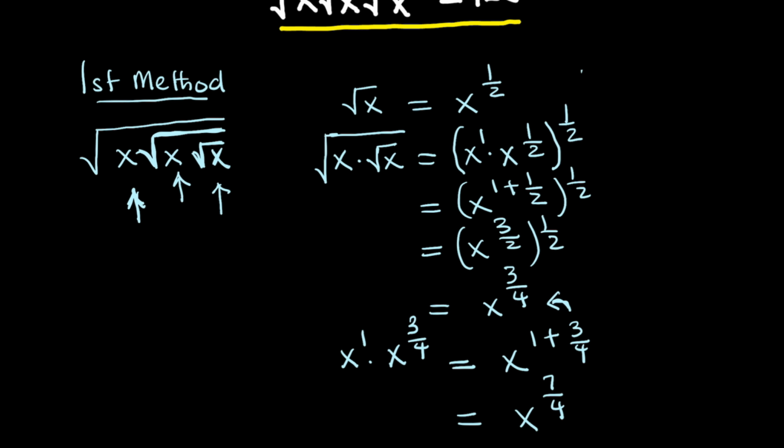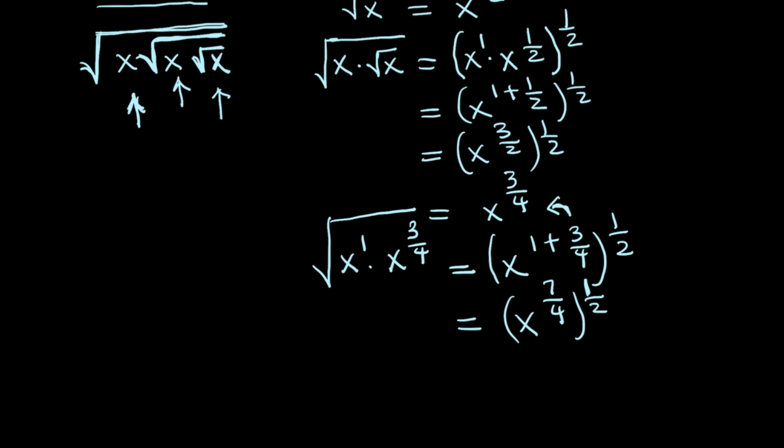And now we can move to the final radical, which is this guy right here, which is the same thing as saying find the square root of this, which is the same thing as raising this to power 1 over 2. Now let's raise this as well to power 1 over 2. If we do that, we get x raised to power 7 over 8.